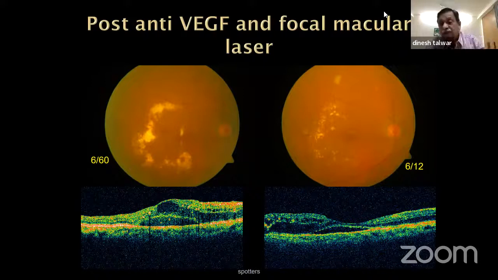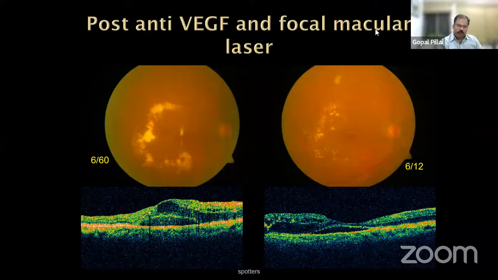Would you like to add something? I think currently between which injection to take for which pattern of macular edema, there has not been a lot of retrospective data on it. But the personal experiences would say that cystoid macular edema may require more number of injections.